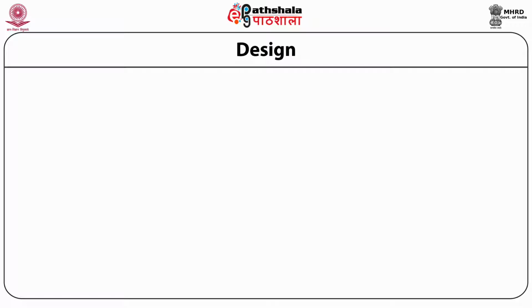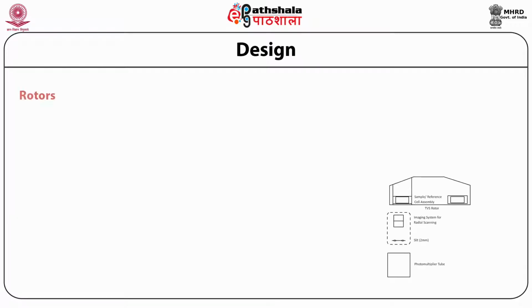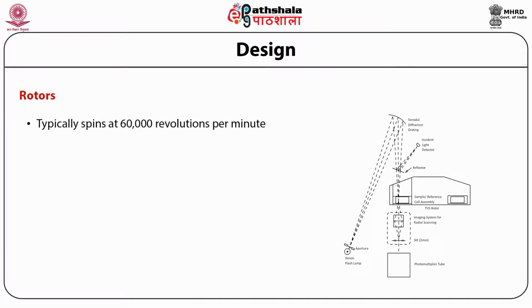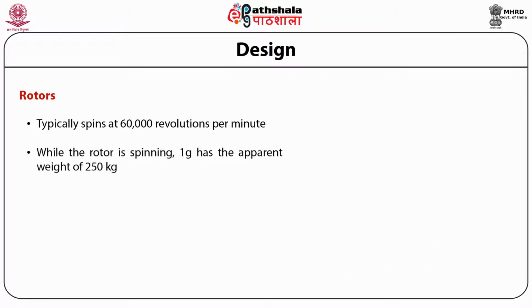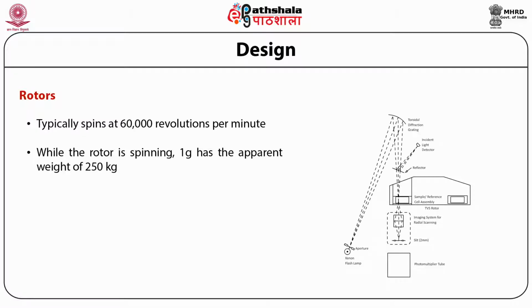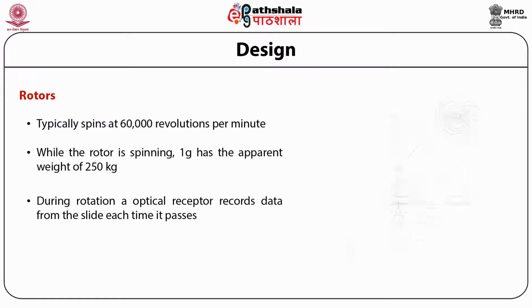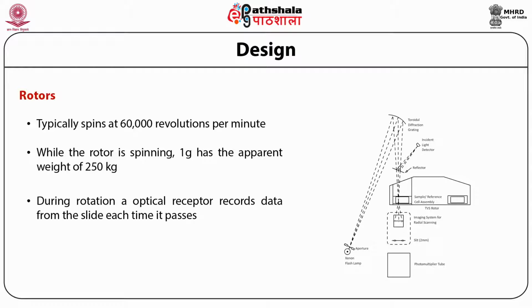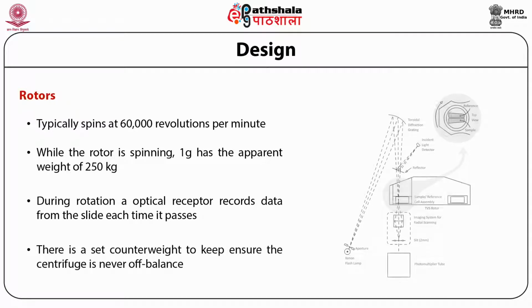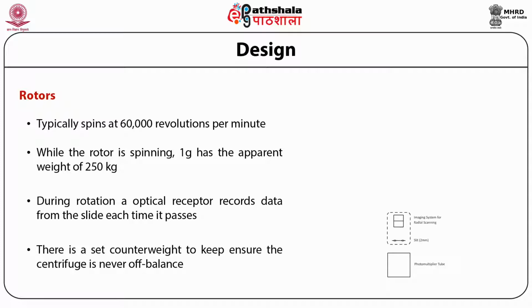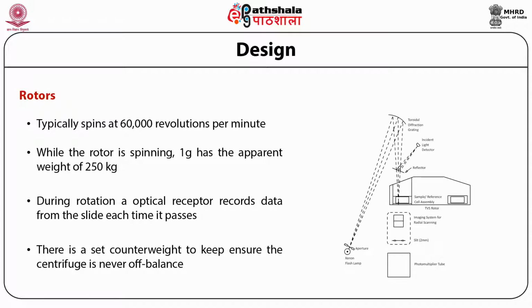So the major component is the rotor, which typically spins at 60,000 revolutions per minute. While the rotor is spinning, 1 gram has an apparent weight of 250 kg, and during the rotation an optical receptor records data from the slide each time it passes, and there is a set of counterweights to ensure the centrifuge is never off balance.